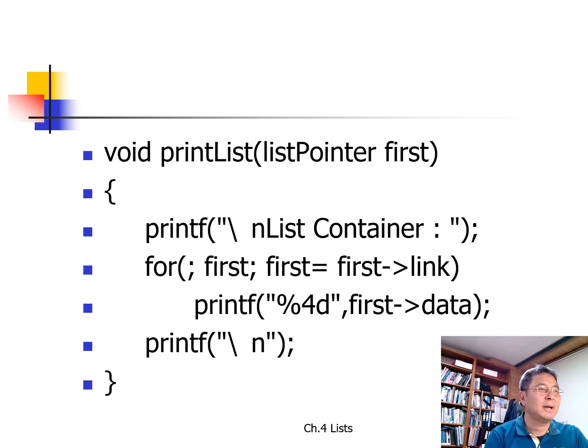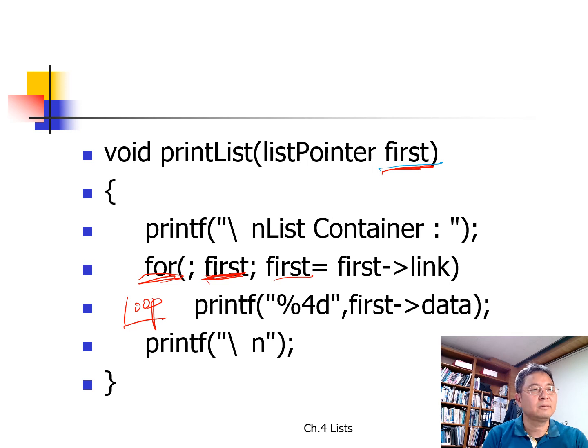Okay, and print list. Print list means that the parameter is only the first pointer. So I want to print all of the data from this linked list. Okay, so it uses this loop, with nothing initialized. The first will be printed until first becomes null.